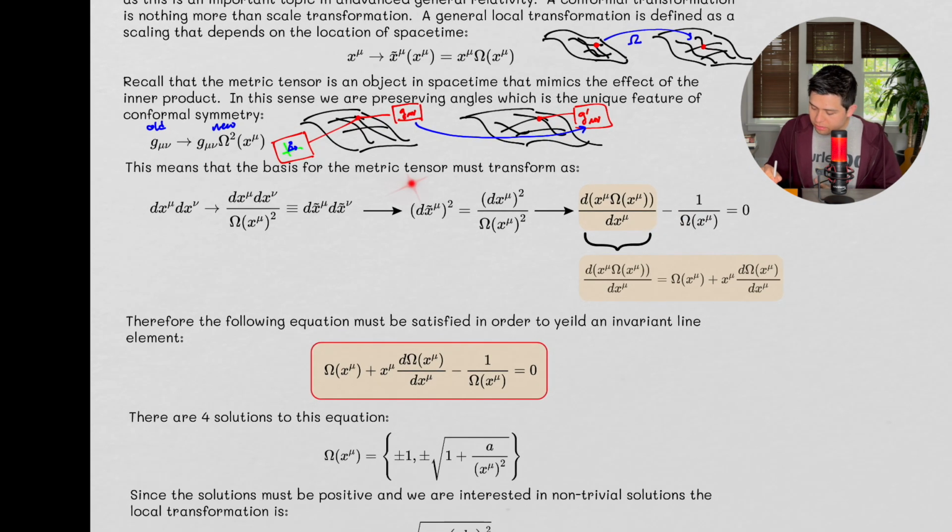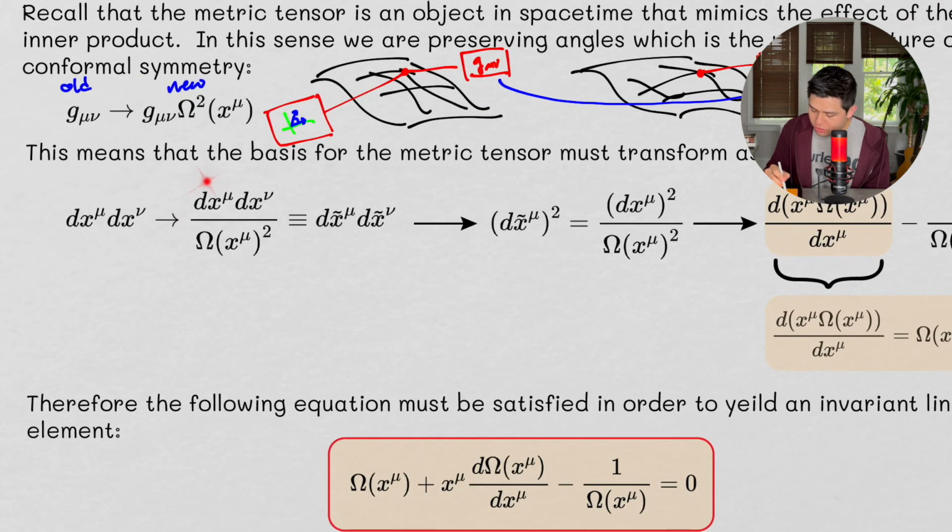So this means that the basis of the metric tensor must transform in this way, right? So we start with dx nu. These are our small displacement unit vectors, and we now want to divide this by our omega factor, okay? And when we do that, we're going to say that this is the definition of our newly transformed system, right?